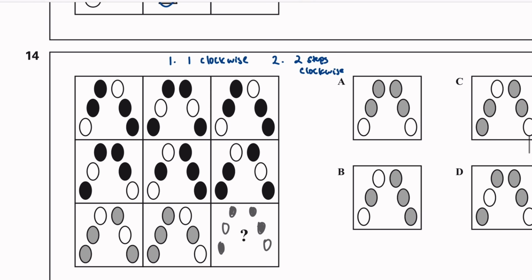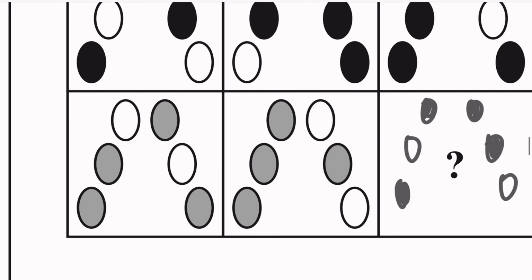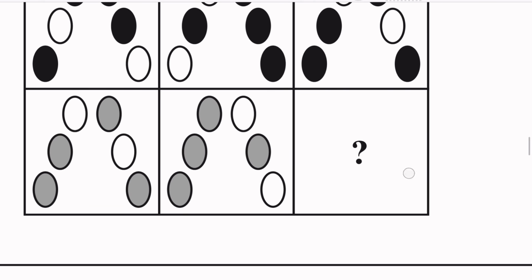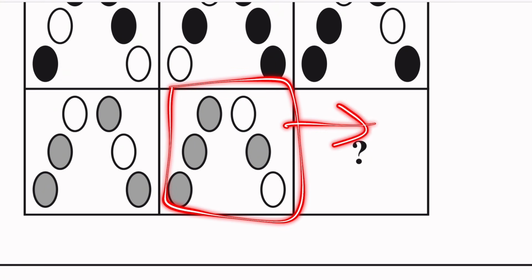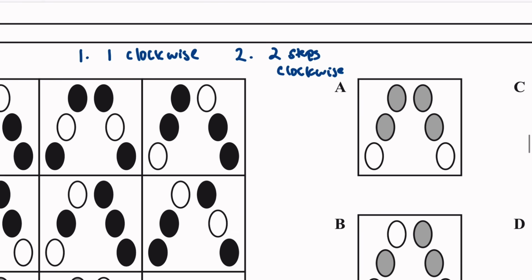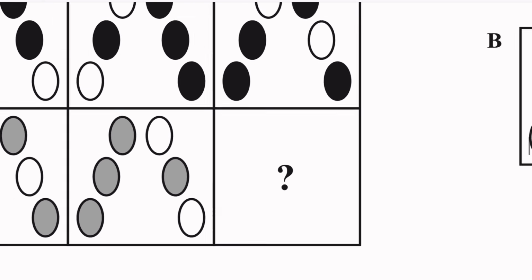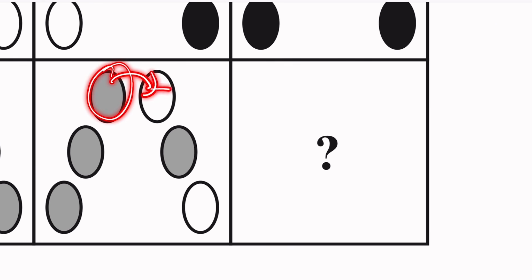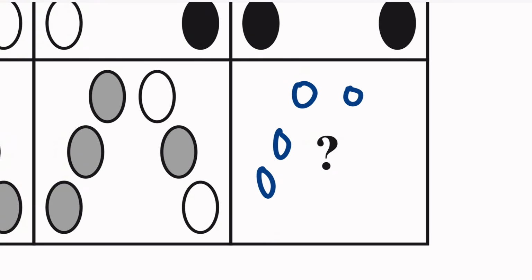All right. Using that knowledge, let's focus on our third row. We have 1 here and it moved 1, so it ends up here. So we know it's moving 1 clockwise from here to here. But let's focus on this box to this box, where we're focusing on the 2 steps clockwise. This is going to move 2 steps clockwise, so it should end up here. Let's draw that in. 2 steps clockwise, so here. That's shaded.